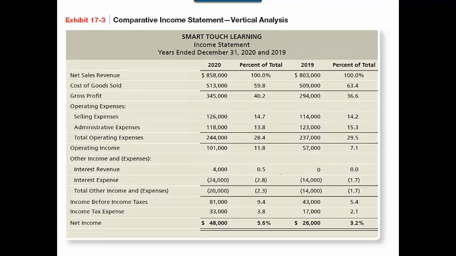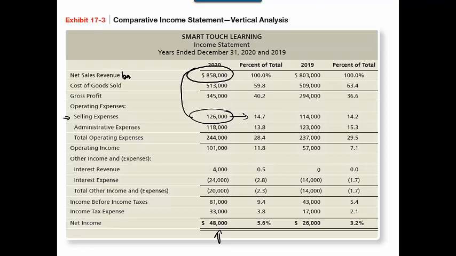So for instance, let's say I'm talking about selling expenses. I would take this number as a percent of my base. This is my base. So everything in this column, I just divide by that net revenue. So I take 126 divided by 858 times 100, and I get 14.7%.